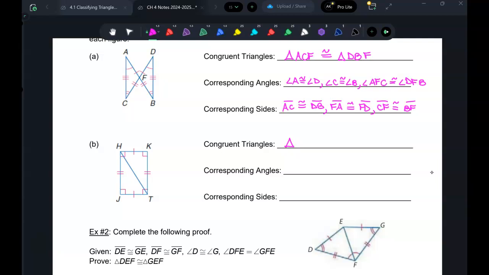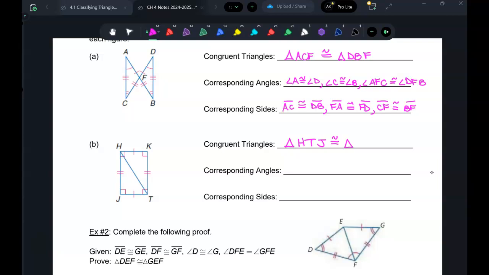Okay, the next triangles. The first one, it doesn't matter which way you write it, HJT.